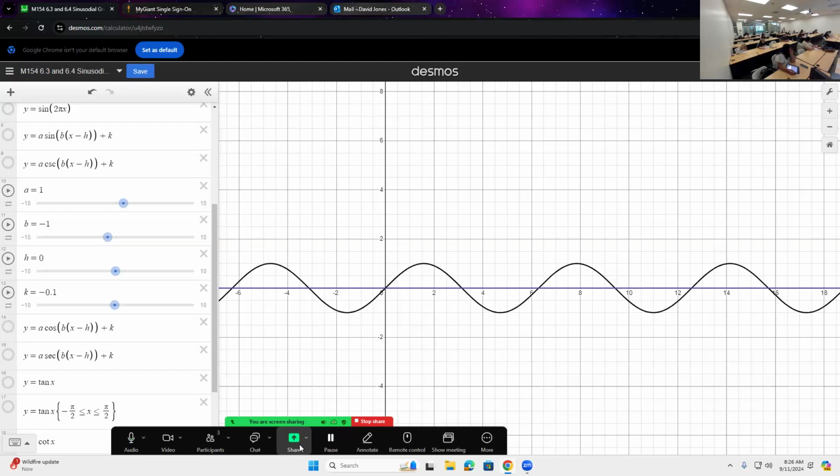I mentioned this earlier. Periodic functions have graphs that repeat. So f of x equals f of x plus np, where p is the period, and n is some whole or integer multiplier.